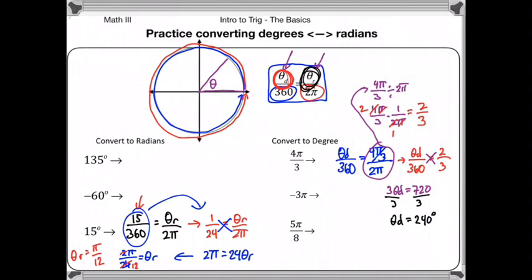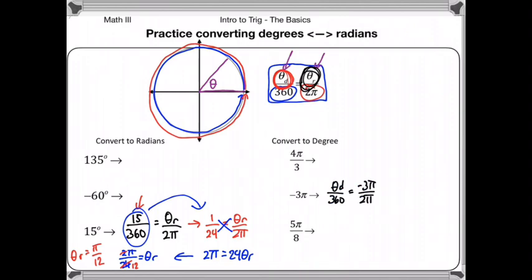Okay? So basically what you're doing is the exact opposite of what we were doing over here, in that we're given a radian measure and we're trying to go to degrees. Okay, so let's find out what the next ones are real quick. For a negative 3 pi, I'm going to plug this in, and it looks like the pi's are going to cancel out.